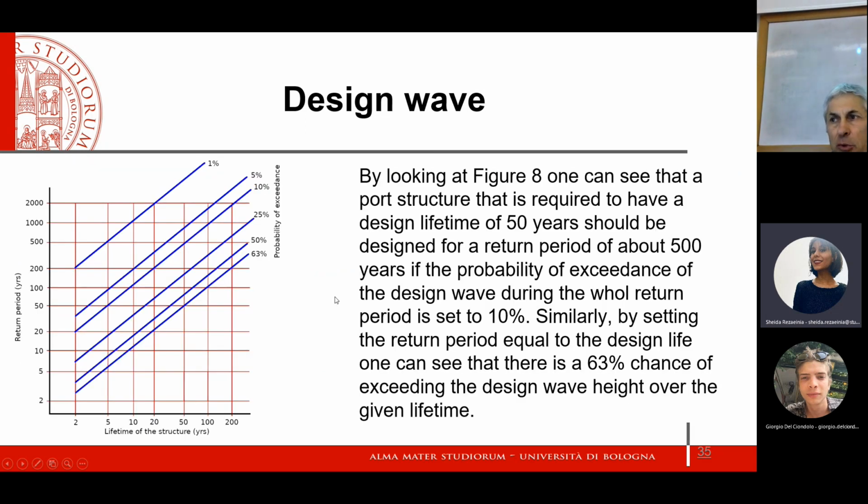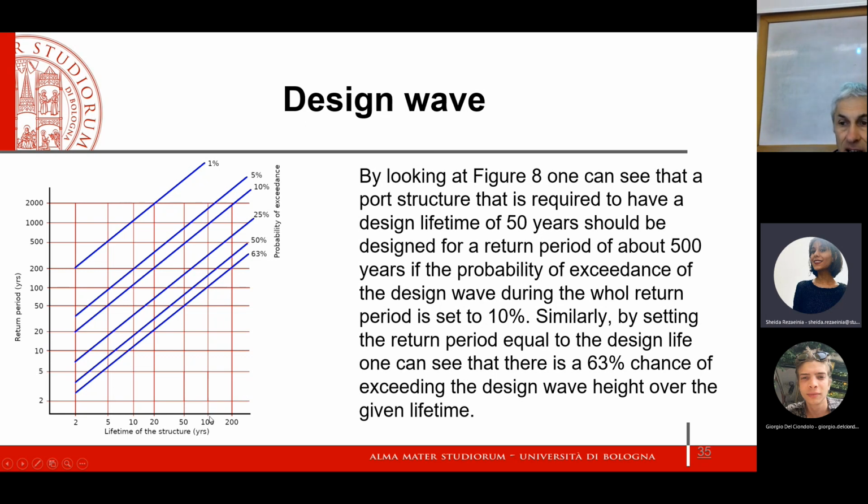And if we put into a graph here the lifetime of the structure and the return period of a given wave height, we see that for instance, if we look at a lifetime of the structure of 200 years and a return period of 200 years, we get a probability of 63%, which is the same if we look at 100 years.